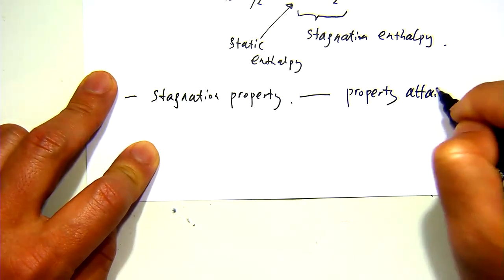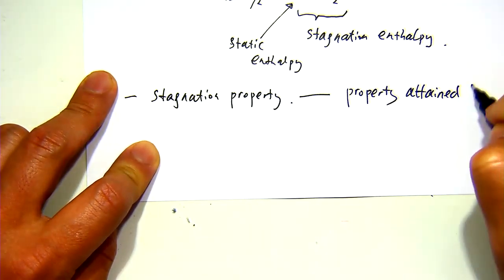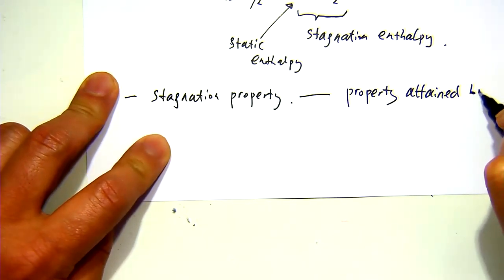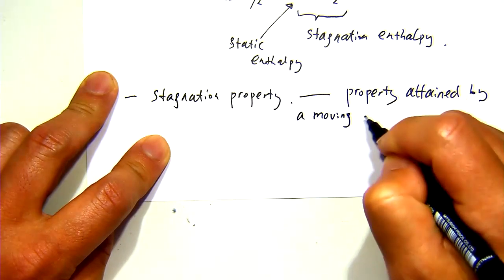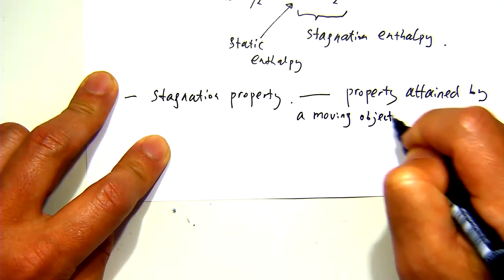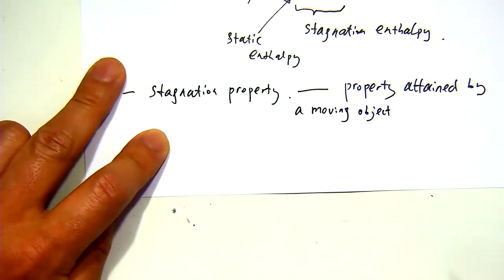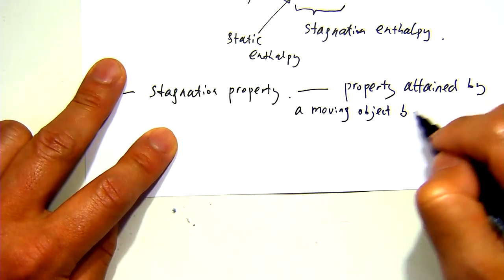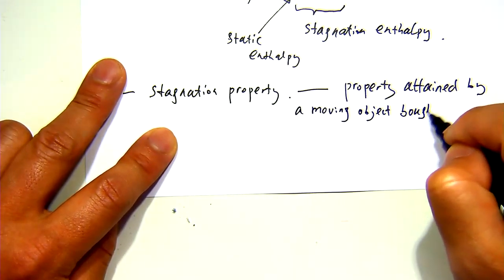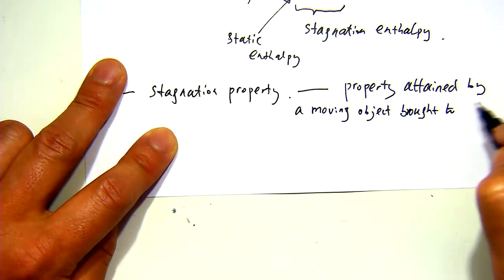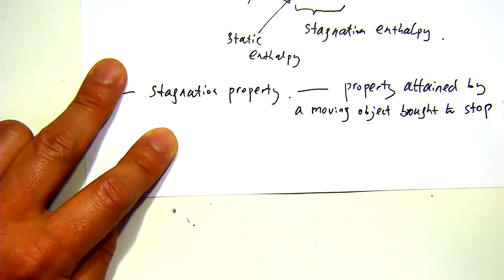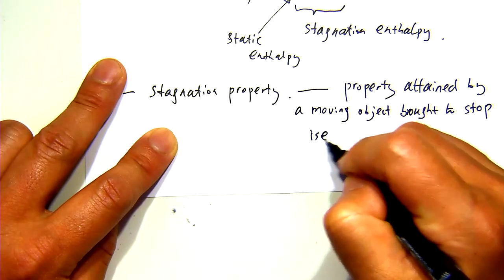All right, so that's the property attained by a moving object brought to a stop isentropically.